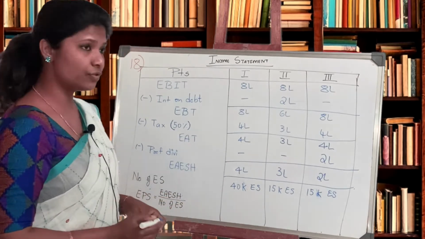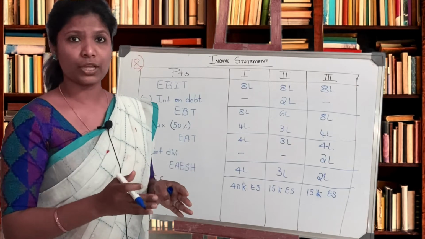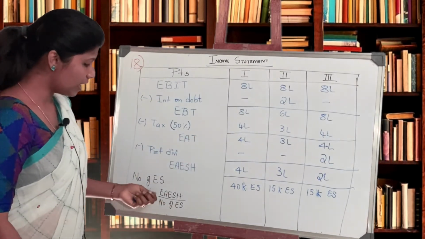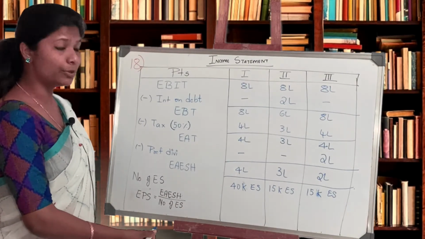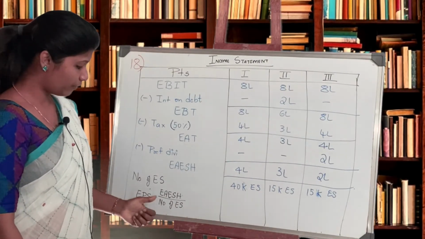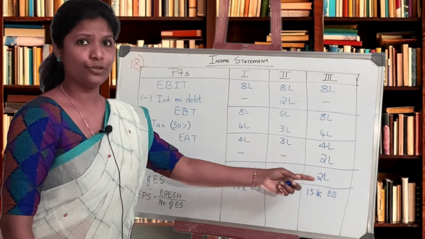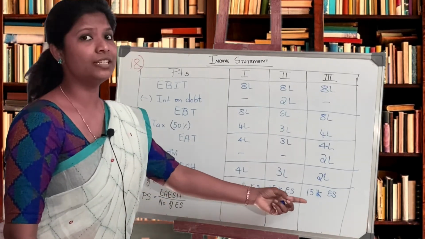Now the question asks us to find out the earnings per share. So per head, each equity shareholder, how much will he earn? The formula for EPS is earnings available to equity shareholders divided by number of equity shares. Earnings available to equity shareholders, we have found out 4 lakh, 3 lakh and 2 lakh. Number of equity shares 40,000, 15,000, 15,000.